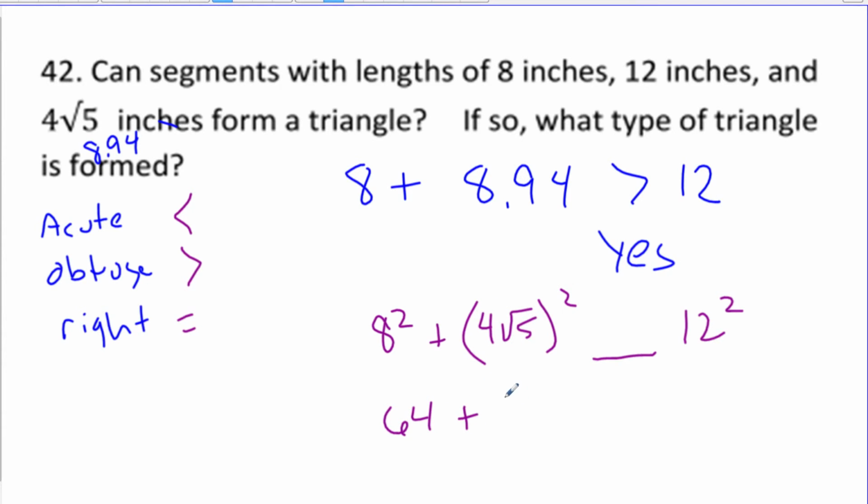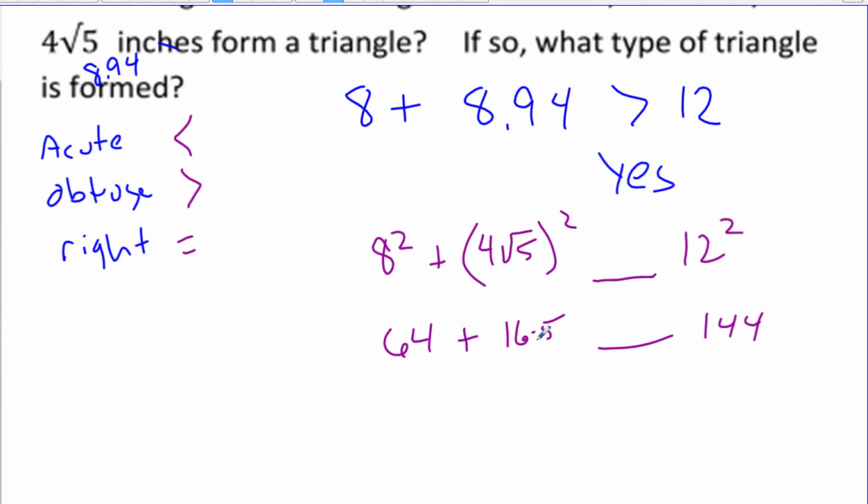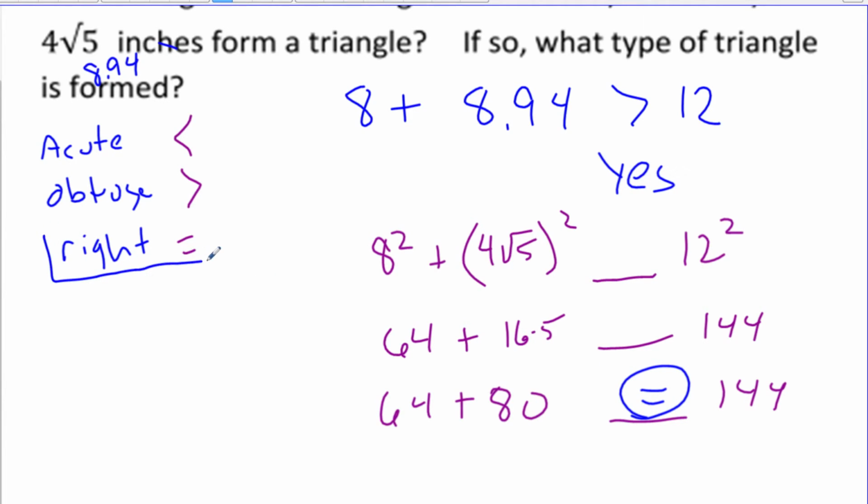When I square 4, I get 16 times 5, and this is 144. Well, 16 times 5 is 80. So 64 plus 80. How is that related to 144? Well, it is equal to 144. And so that means this has to be a right triangle. It's a triangle that exists, and it is a right triangle.